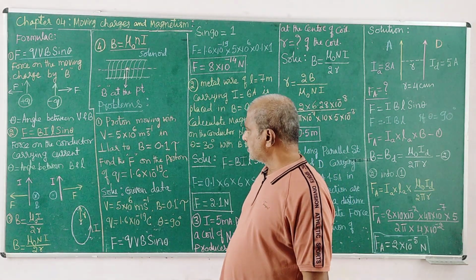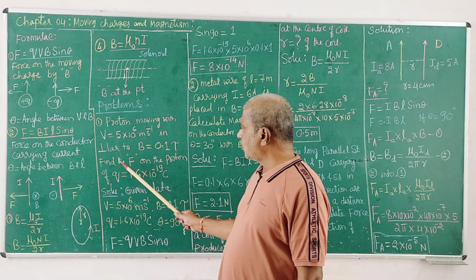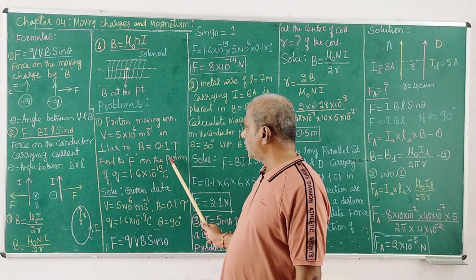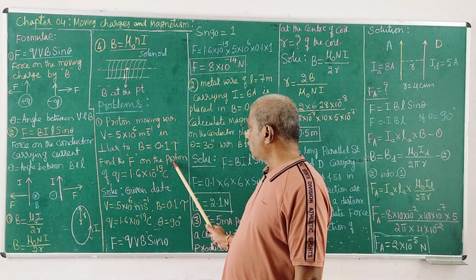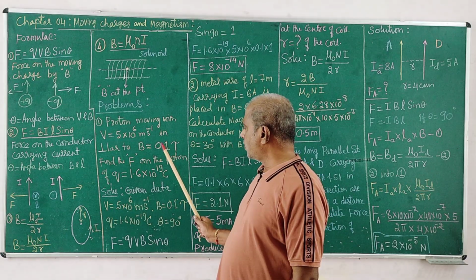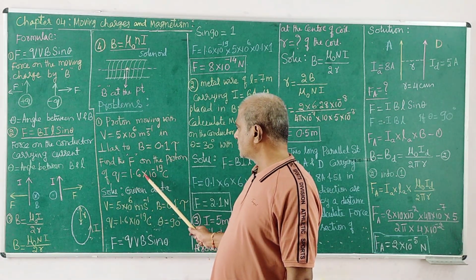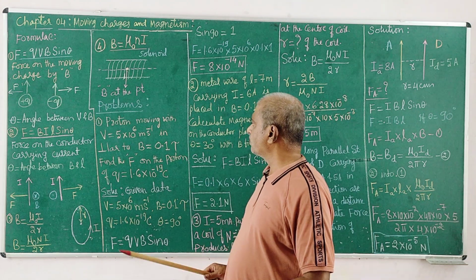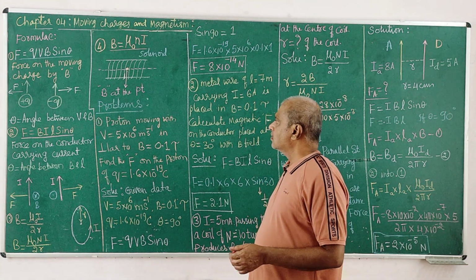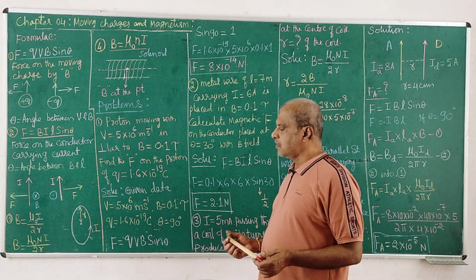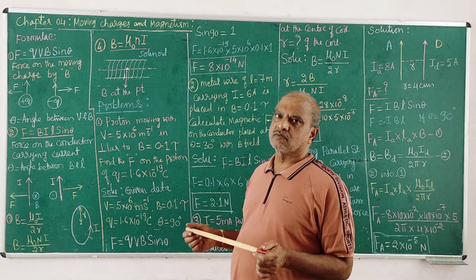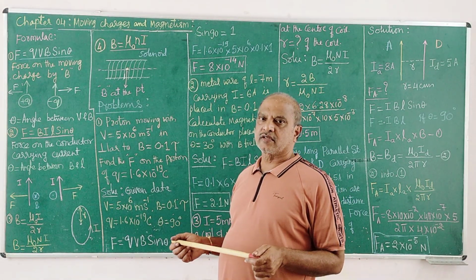If that is the case, find the force exerted on the proton. The proton charge is known to us: 1.6 into 10 to the power of minus 19 coulomb. What is the amount of force? What force arises on the moving charge?